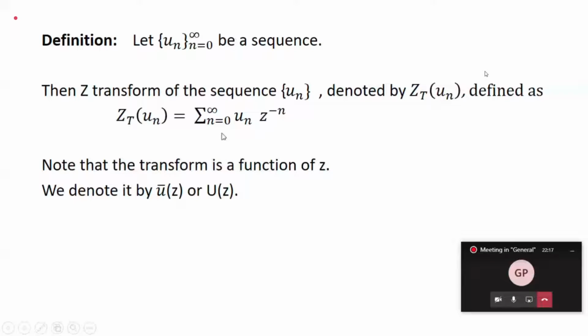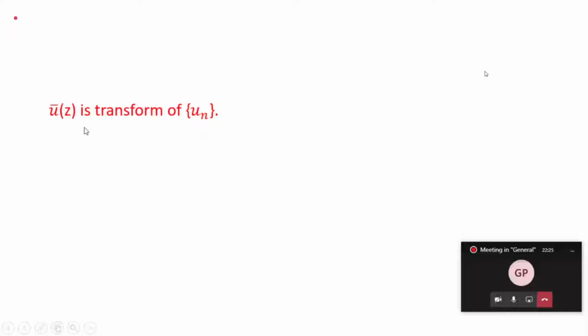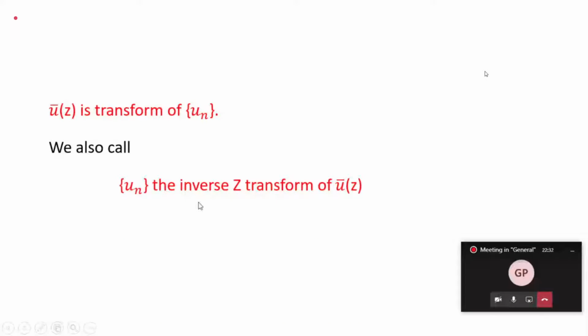Okay. So u bar of z is the transform of the sequence u n, and I also call that the sequence u n is the inverse transform of u bar of z. This again is a concept similar to inverse Laplace transform and inverse Fourier transform.